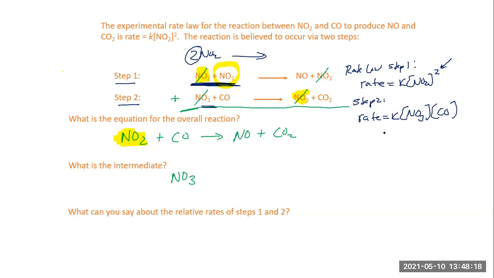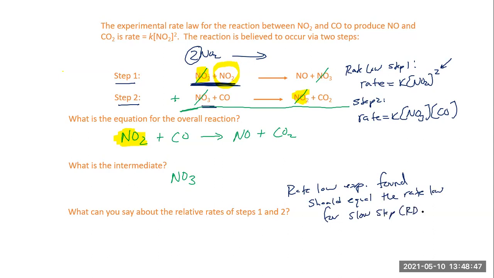What do we know about the rate law for the elementary step and the rate law that's found experimentally? We know that if it is a good mechanism, the rate law that's experimentally found should equal the rate law for the slow step, or the RDS.